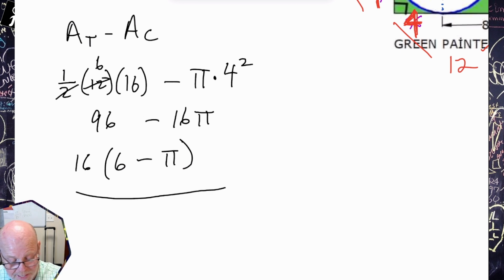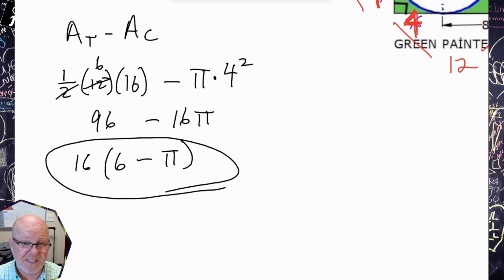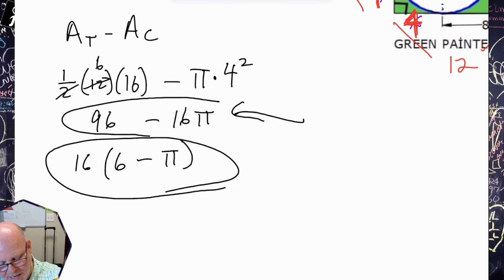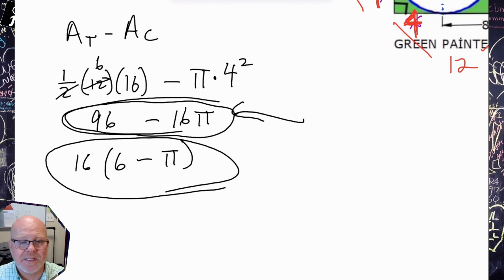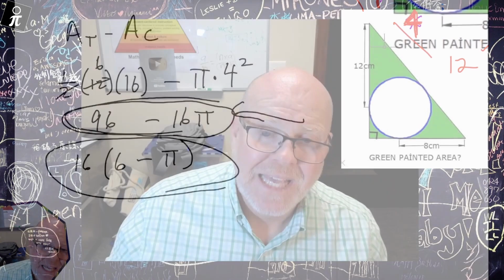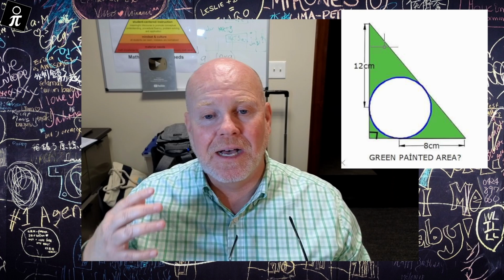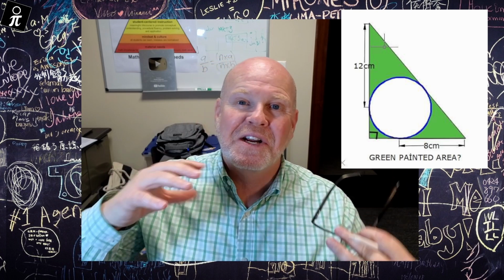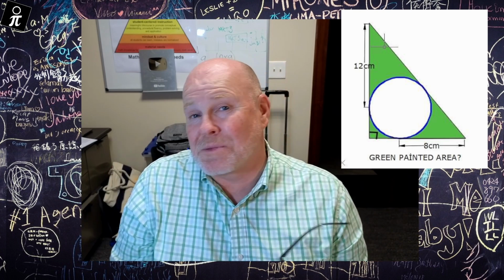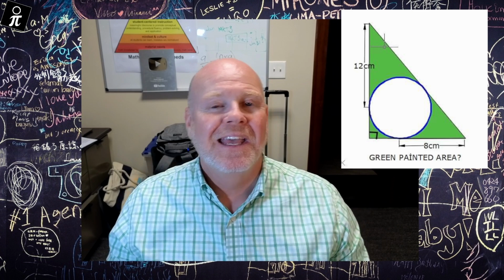So there is our answer: 16 times the quantity 6 minus pi. We could have left it right here as 96 minus 16 pi if we wanted. And that wraps up this beautiful little question. We found that the area of that green stuff is 96 minus 16 pi.